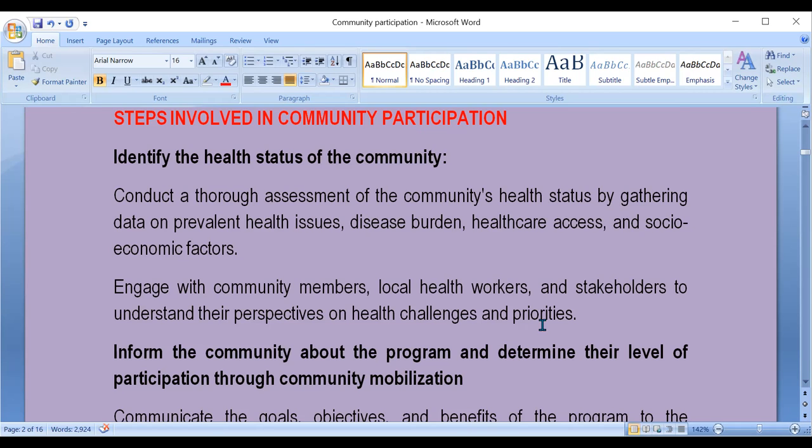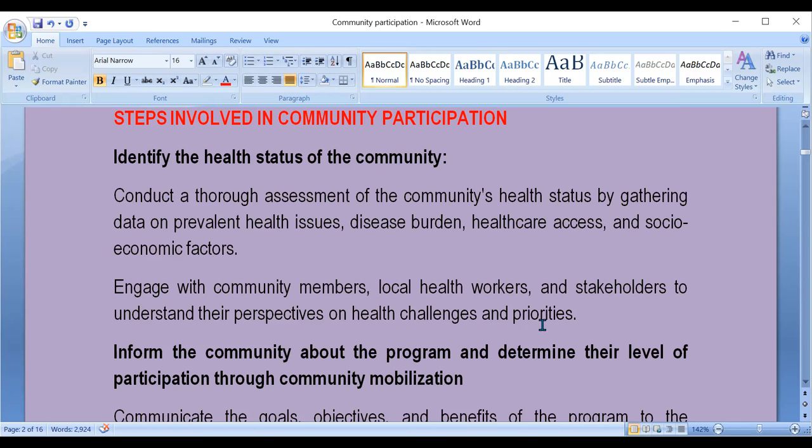Do they suffer malaria? Typhoid? Is it more of hypertension and diabetes? Is it more of accidents? Are they epidemic prone? What is the disease burden? What is the prevalence and incidence of particular diseases in that community? All this will help inform you whether they have a high disease burden.